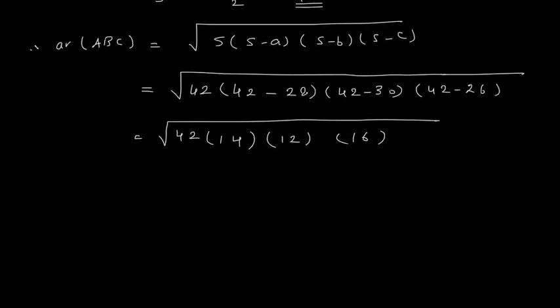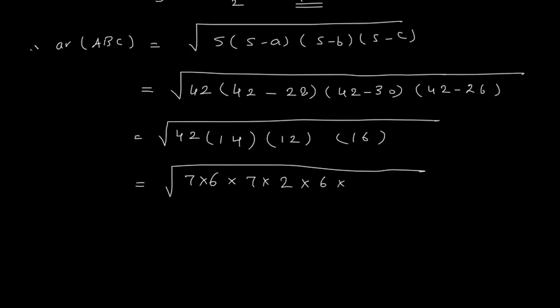Now this 42 can be written as 7 into 6, this 14 can be written as 7 into 2, this 12 can be written as 6 into 2, and this 16 is 4 into 4. So this is one pair, this 7 is another pair, this 6 is a third pair, and this 2 is one more pair. So 7, 6, then 4 and then 2 I will take out.